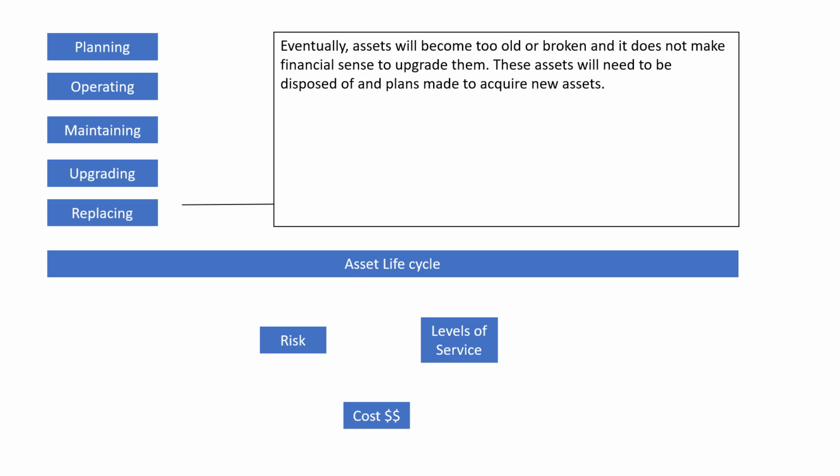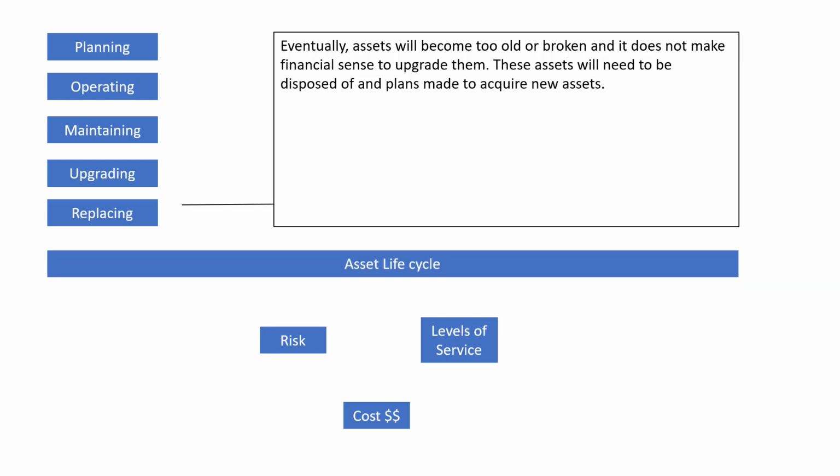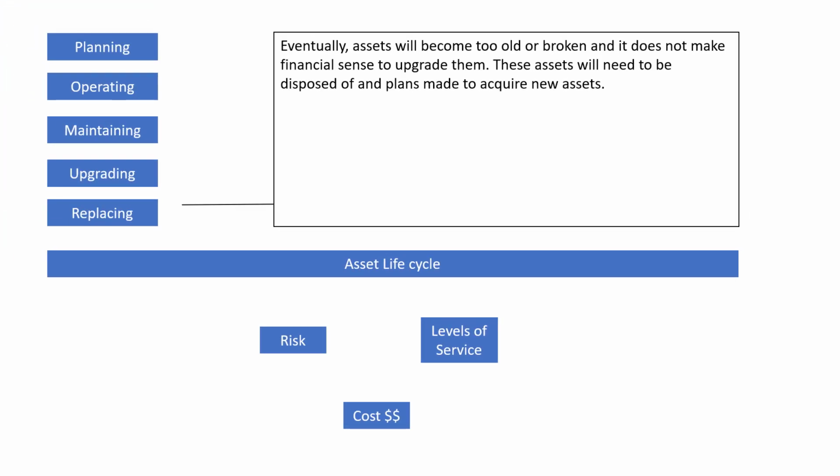Now, all of these decisions need to be done during the asset life cycle. So different types of maintenance strategies will kick in, and we'll talk about that in a different video. And all of these decisions throughout the entire asset lifecycle need to be taking into consideration risk, levels of service, and cost. We'll also talk about those in another video.